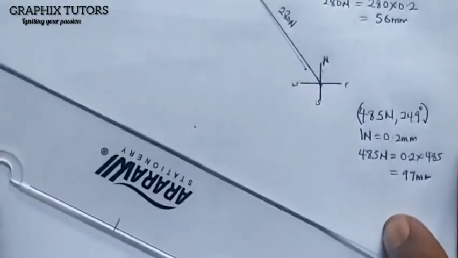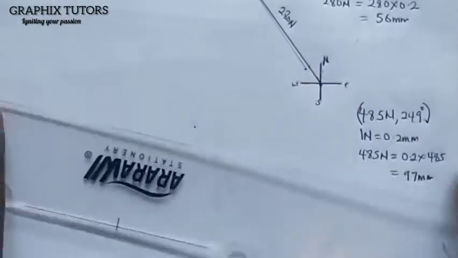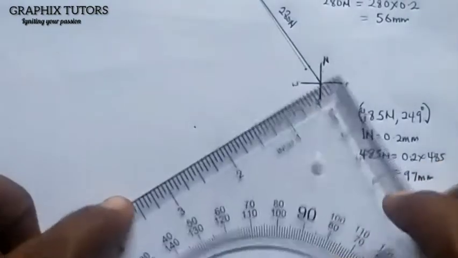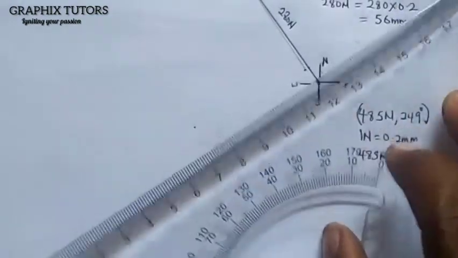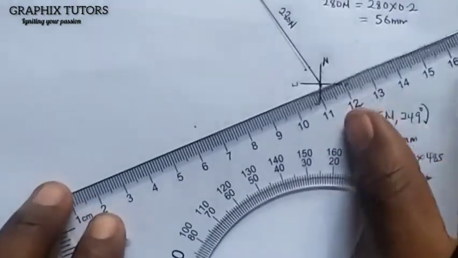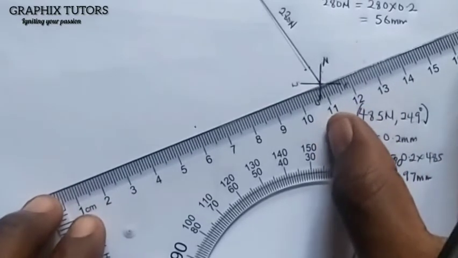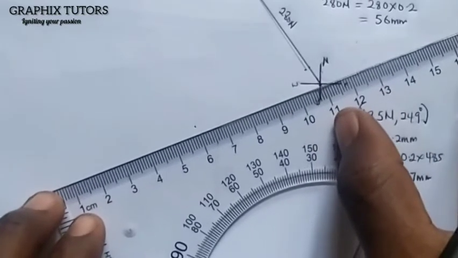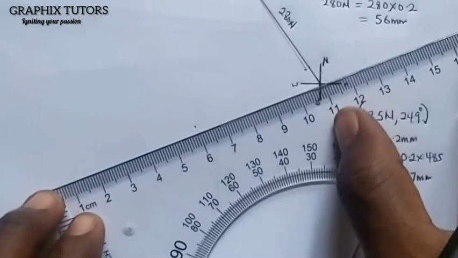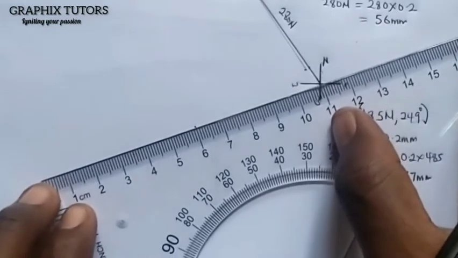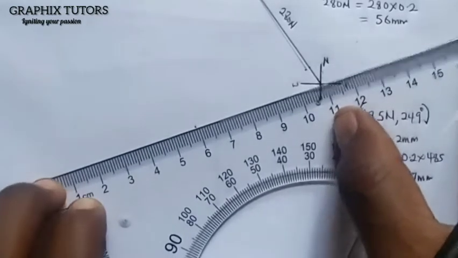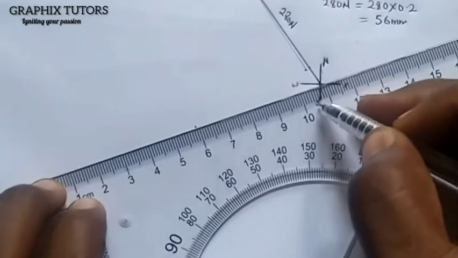So the length of it is 97. So from this point, I'm going to measure 97. So my 97 should be here. From here, this is my 97 here.